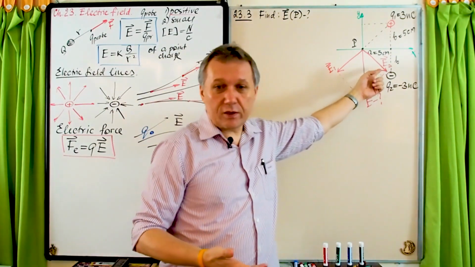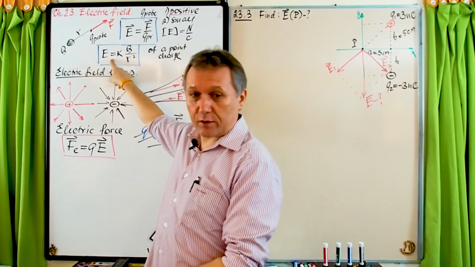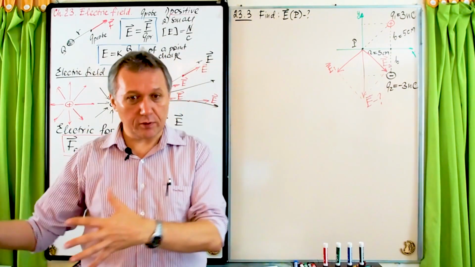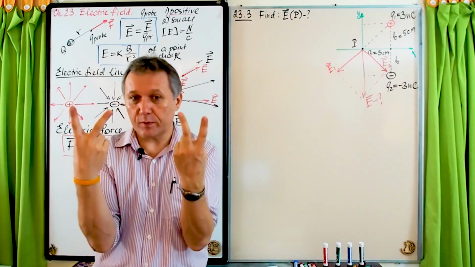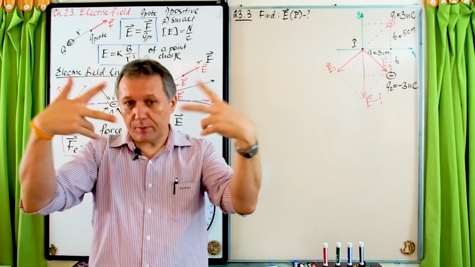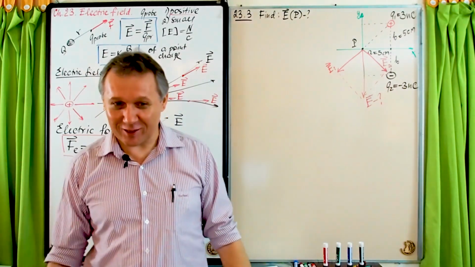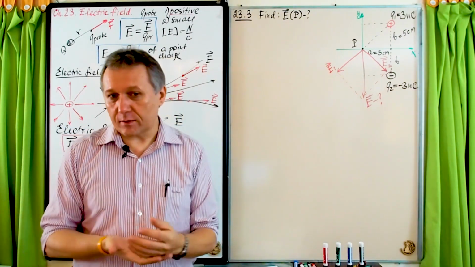And then the same with E2. We can find the strength. Again, it is created by a point charge, so we can use this formula. And then again, find x component and y component. And then we have two vectors presented in component forms. We can easily add them up. That's your homework and the previous recitation class. Right? But now just the nature of the vectors are completely different.